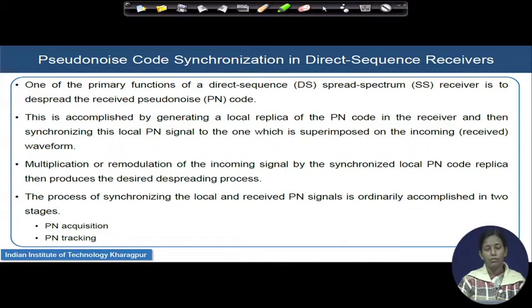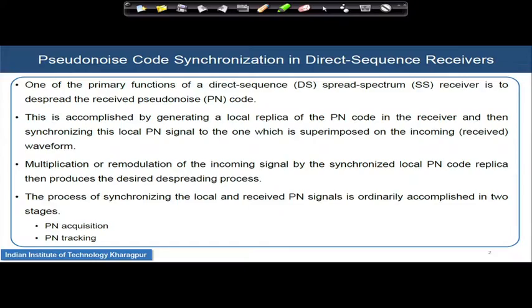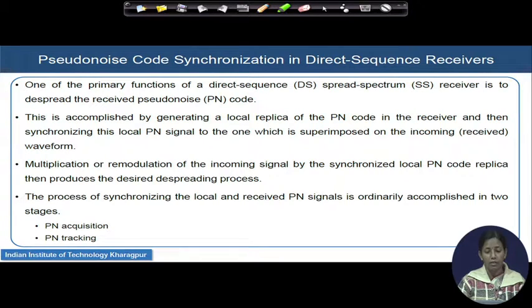As I told, the first two slides will be on the recap. We understand that synchronization is a very primary function of the spread spectrum communication receiver, because without synchronization, codes won't be guaranteed to be aligned with each other. Hence, the despreading process won't be perfect, won't be satisfactory, and if the despreading is not done in a proper way, then successful data recovery is not possible in the detectors.